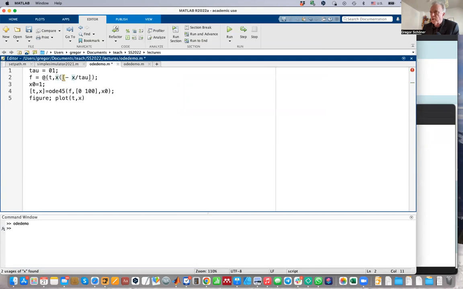Let's make this 10, I think we had 10 in the previous case. So now you don't have to worry about the time step. I must have had some typo in here. What is it?